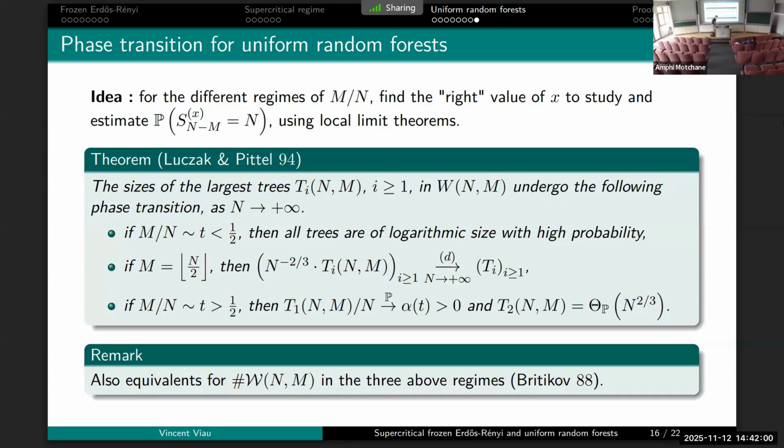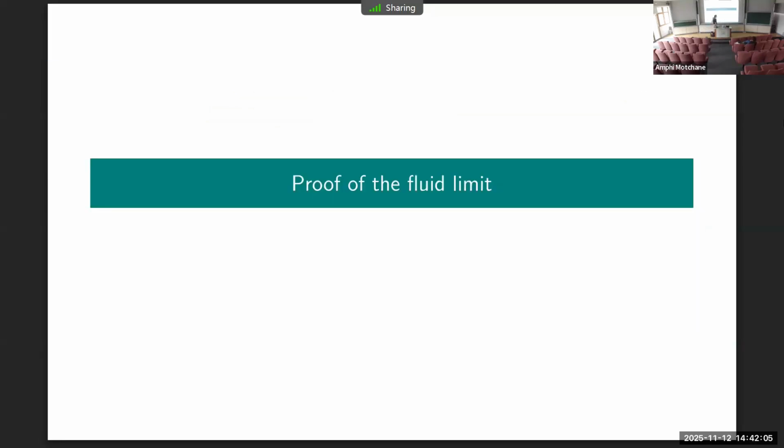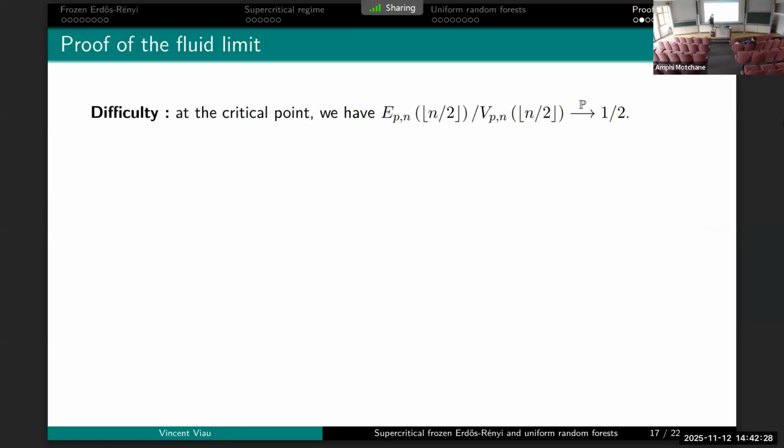So with these tools, what we want to prove, I remind you, is a fluid limit result for the total number of frozen vertices in our frozen Erdős-Rényi random graph. And so we wanted to understand the behavior of the jumps of this process G. The difficulty is that if we look at the critical point n/2, what we actually have is a critical forest.